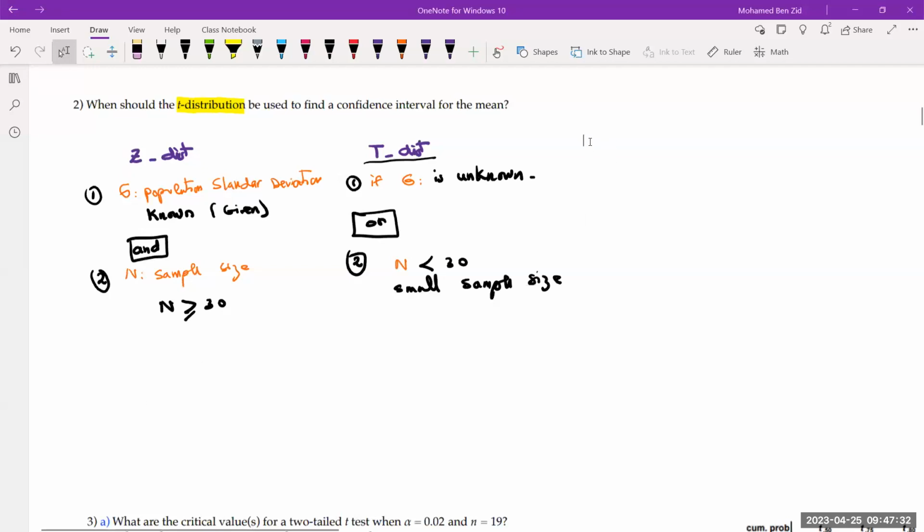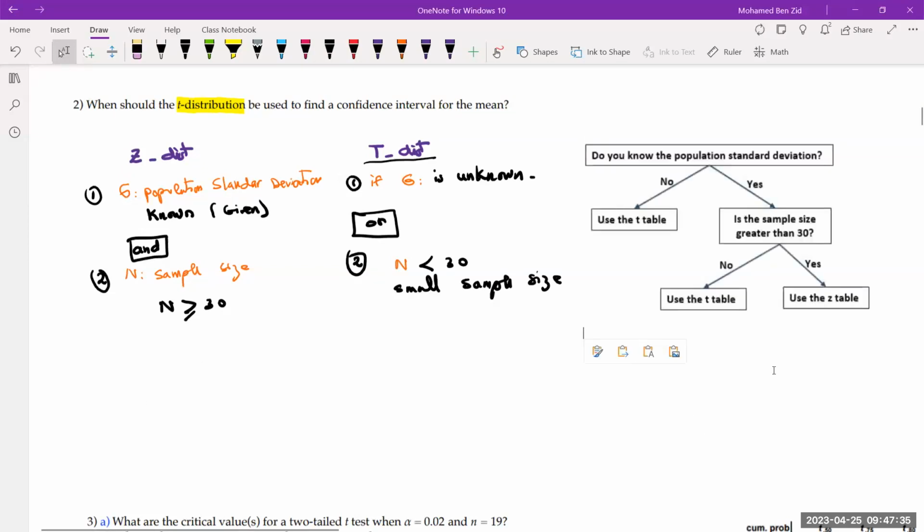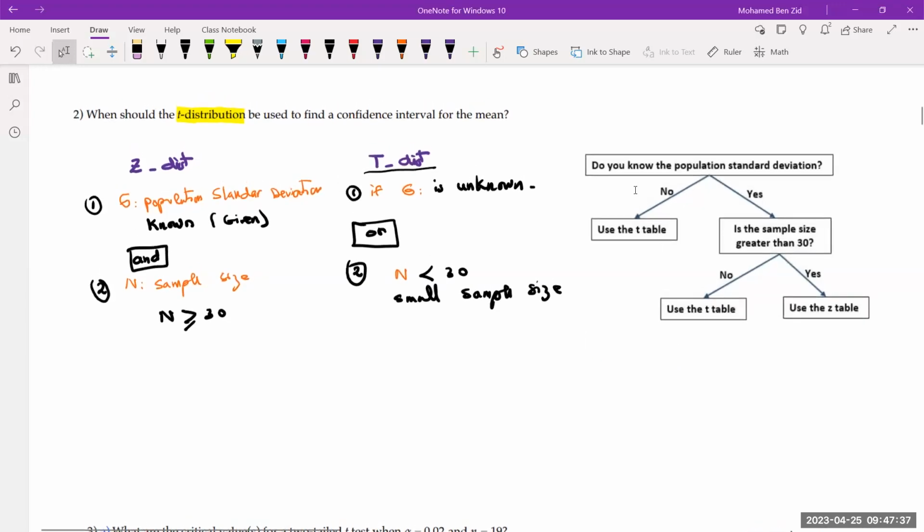In conclusion, we can summarize everything in this table if you want to remember it. Here, the first question is, do you know the population standard deviation? They need sigma. If sigma is known, yes, then you ask a second question: is the sample size greater than 30?